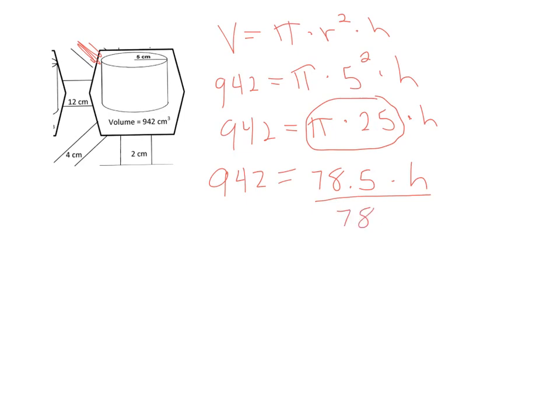We're going to divide by 78.5 and do that on both sides. I get h is equal to 942 divided by 78.5 gives me 12 centimeters. And so this time we're going to the left.